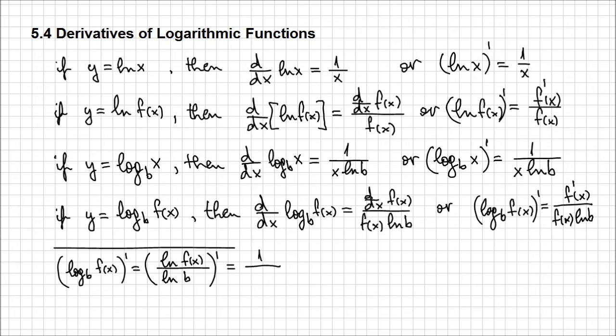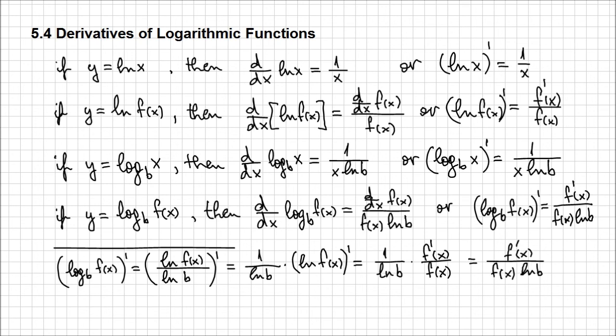Ln b is a constant, so I'm going to factor that out. So it's going to be 1 over ln b, and we are left with the derivative of ln of f of x, for which we have the formula. It is going to be the derivative of f of x over f of x. With this, we have proven the last rule for derivatives of logarithmic functions.